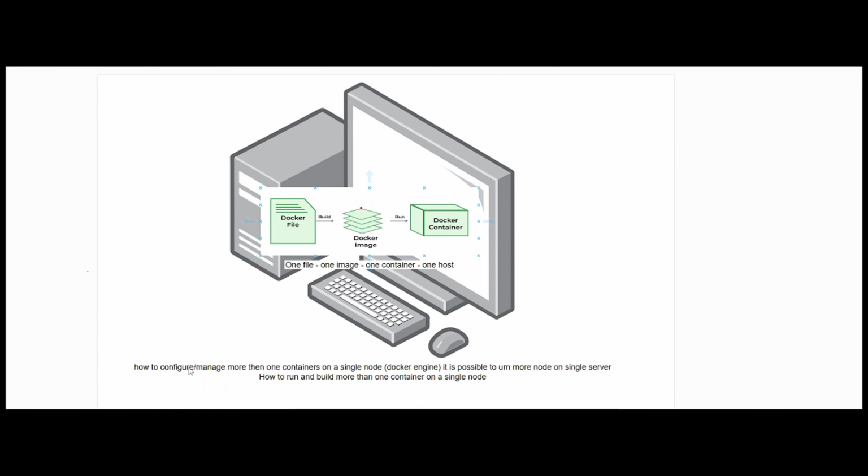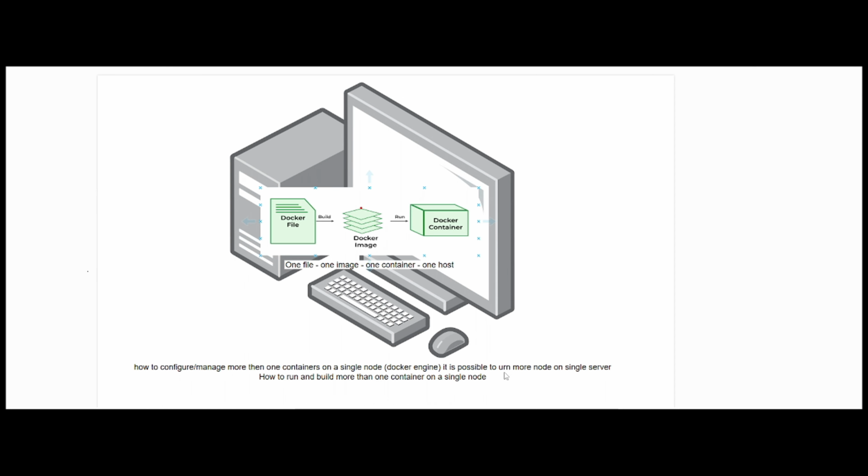So how do we configure and manage more than one container on a single node? We also learned that if there is more than one application which we want to run in different containers, let's suppose we have hundreds of applications and we will be working with 100 files, we will be monitoring any relevant change, deciding which Dockerfile has to change, and again building and running the container.